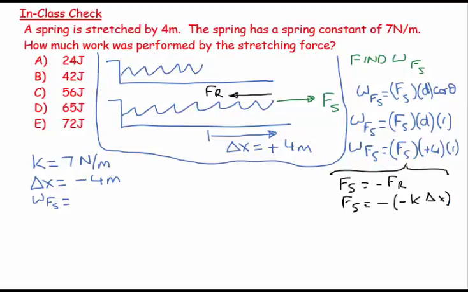And it's gorgeous. I know Fs is equal to plus K delta x. K is equal to 7 times delta x is equal to plus 4. So Fs is equal to plus 28 newtons.